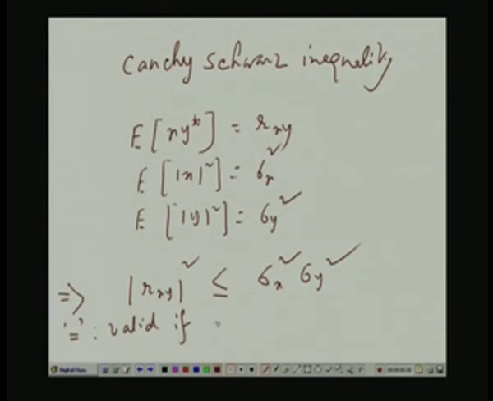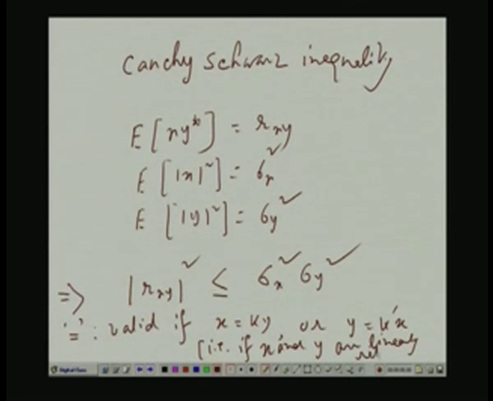If x equal to some k y, or y equal to some k prime x, we say that x and y are linearly related.